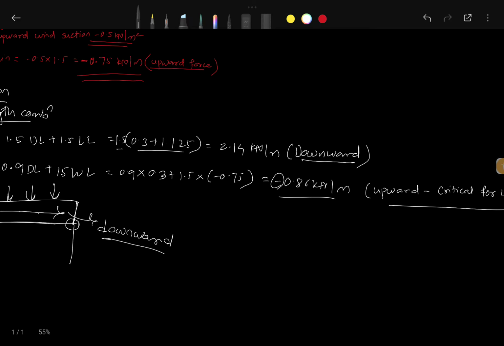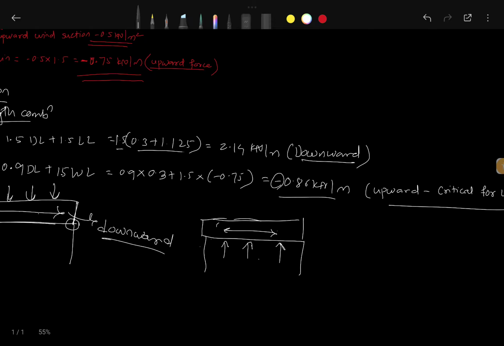But if we design the member against gravity, and on this member the load is coming upward, that means if this load acts more onto this member, then this member does not have much higher capacity to prevent this load. So this member will easily fail or easily collapse because of this uplift force.